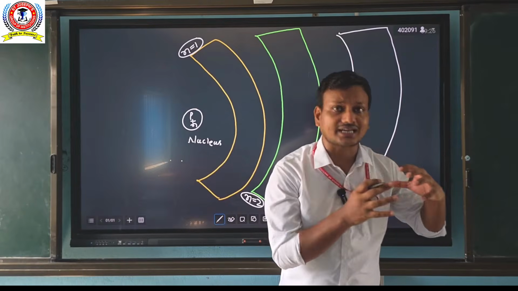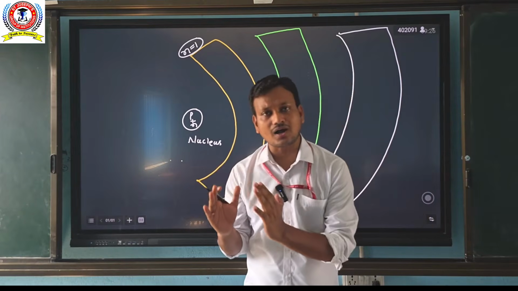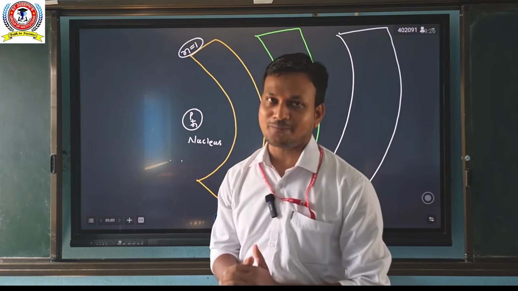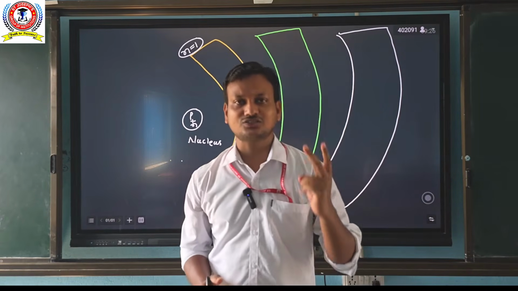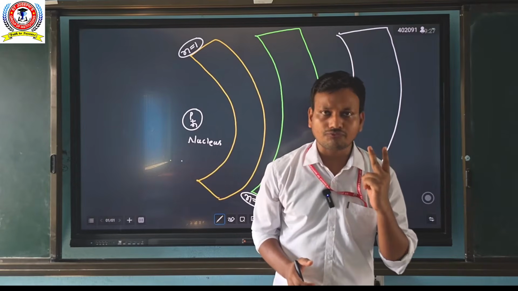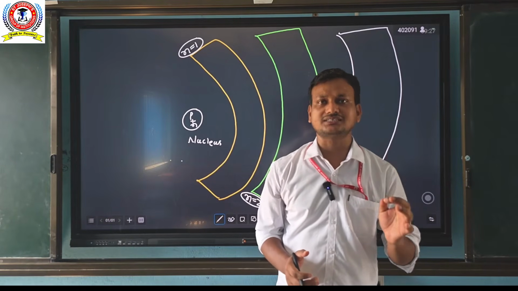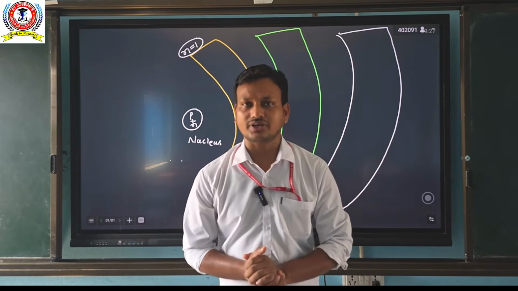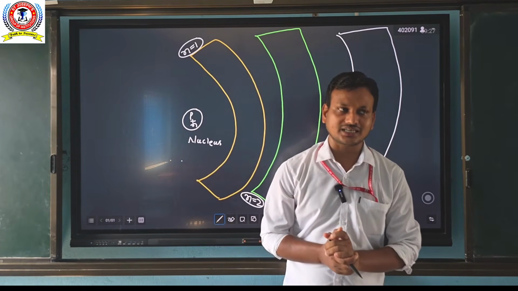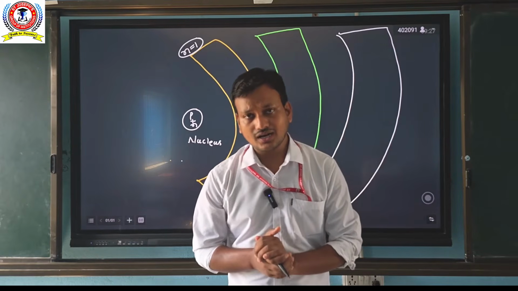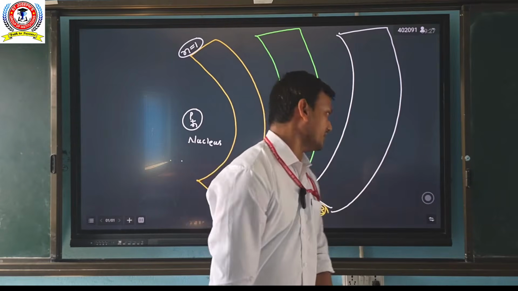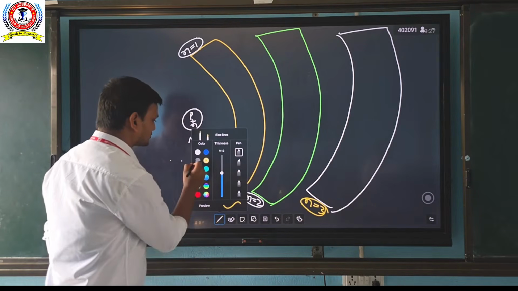And after the second cell, the third cell will come, and we know that for the third cell the value of n is equal to 3. Since the value of n is 3, that's why 3 subcells are present inside the third cell, and the subcells are S subcell, P subcell, and D subcell. Now draw the structure.